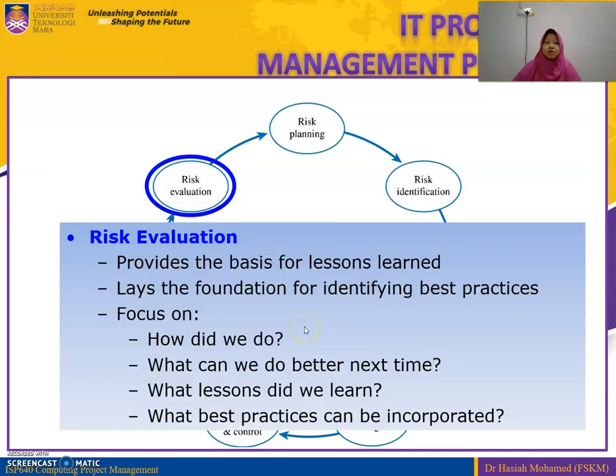And the last one, risk evaluation. We provide the basis for lessons learned and lay the foundation for identifying best practices. We focus on how we did, what we can do better next time, what lessons we learned, and what best practices can be incorporated.